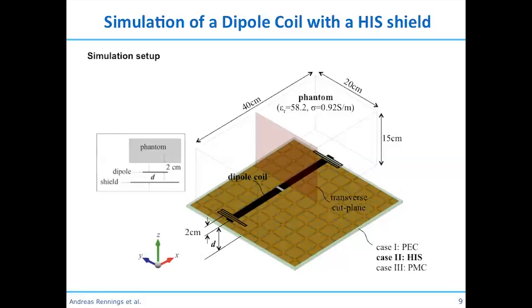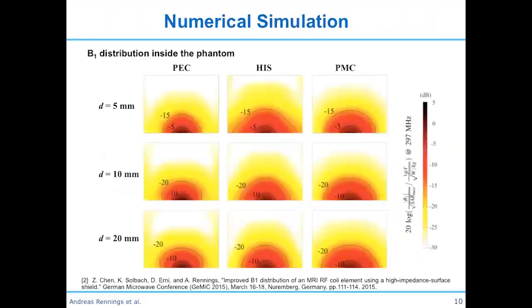X-directed current. And now in the next slide, we check out the B1 plus or the B1 magnitude in this transverse cut plane. You can see the result. First row would be D, that is the distance from the dipole to the sheet. We increased it from 5 to 10 to 20 millimeter.